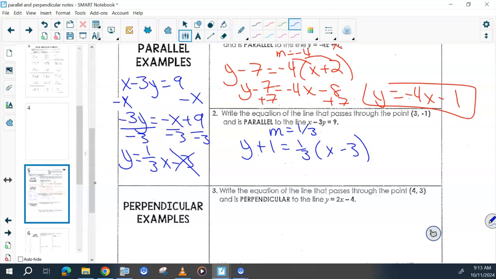And from there, start to solve. If you distribute and subtract 1 on both sides, what is that final equation?